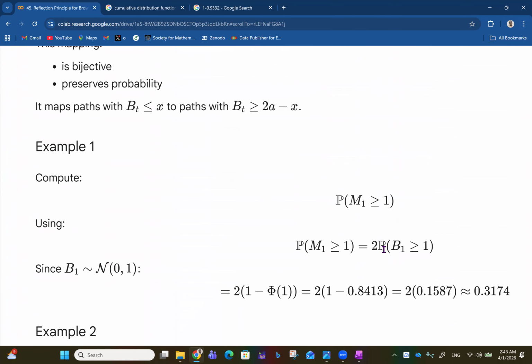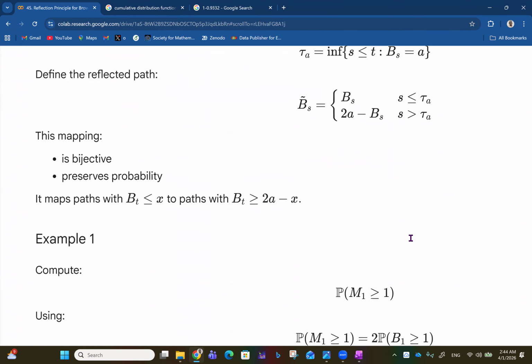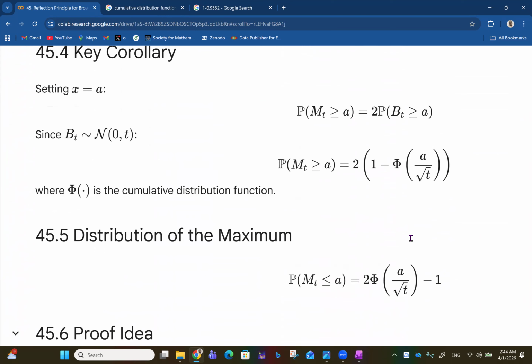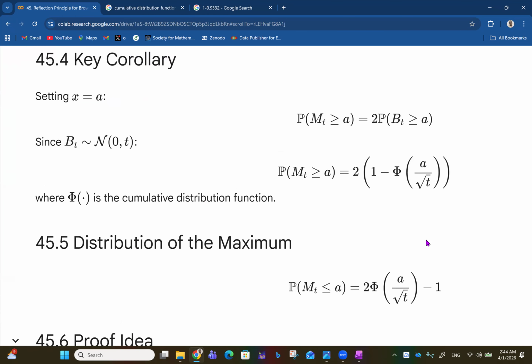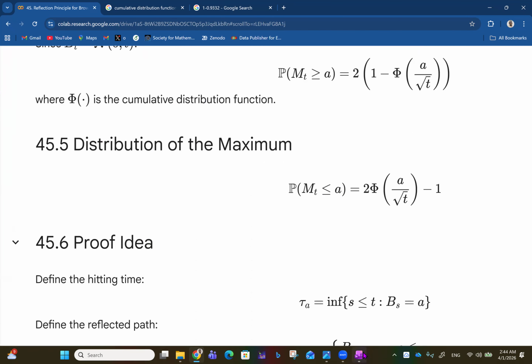That's 2 times the probability that B1 is greater than or equal to 0.5. That means we are going to use the formula 2 times 1 minus phi of a over root T. That's the formula we're going to use in that case.